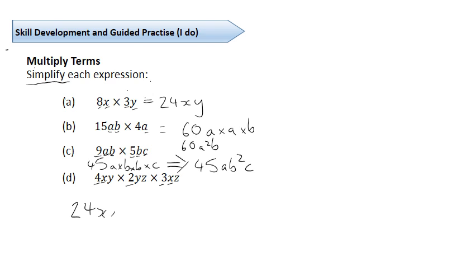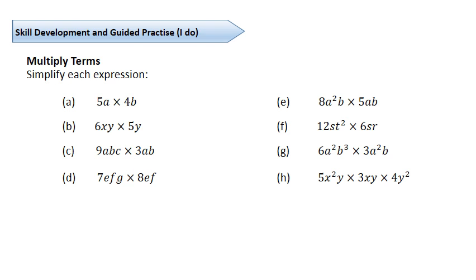Yes, there's one here, times X times Y times the other Y over here times Z times Z. So that's going to give us 24. X times X is X squared. Y times Y is Y squared. Z times Z is Z squared.